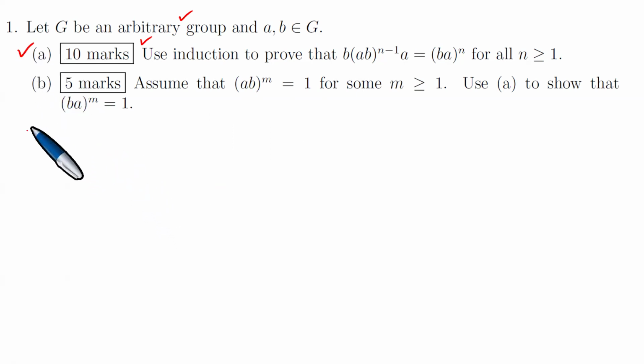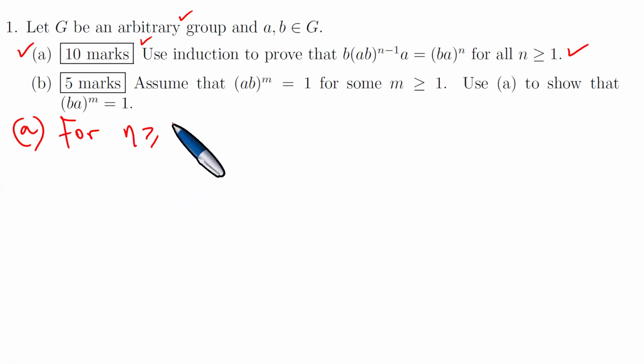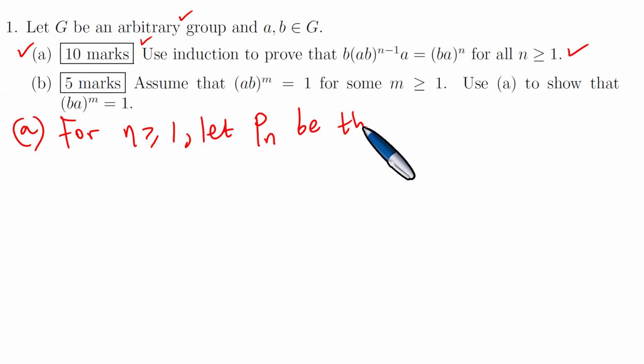So we shall first look at part A. We take note that n is greater or equal to 1 for which this is true. So we can start and say, for n greater or equal to 1, we let P subscript n be the statement.